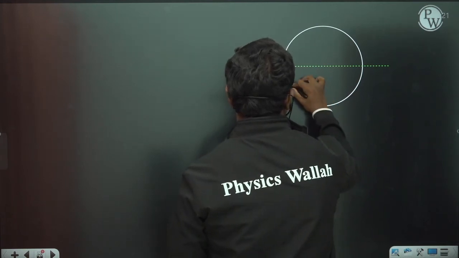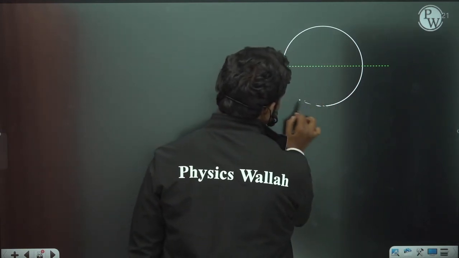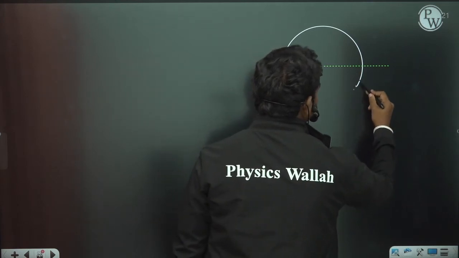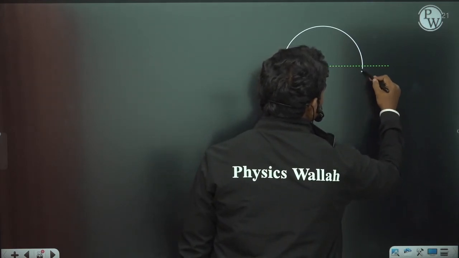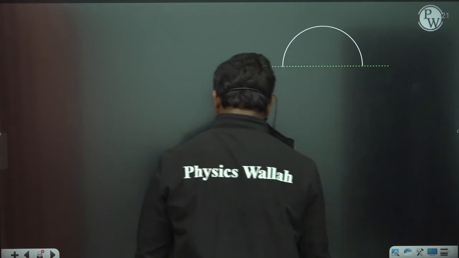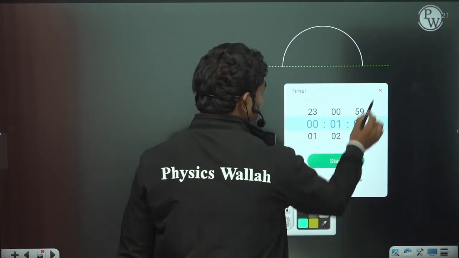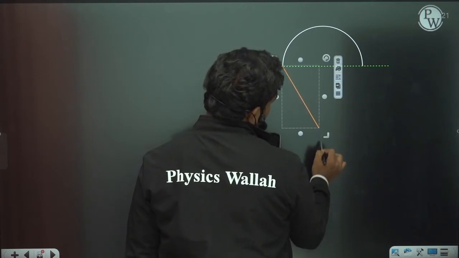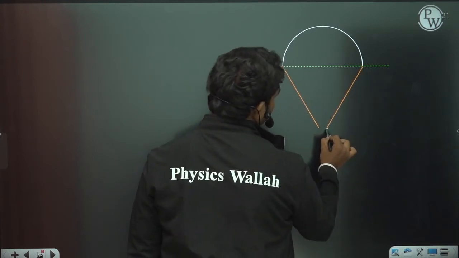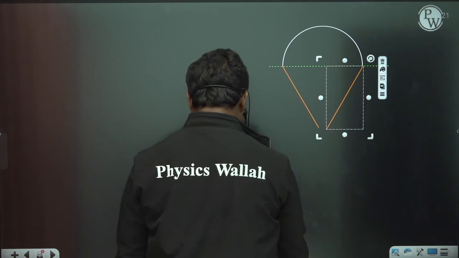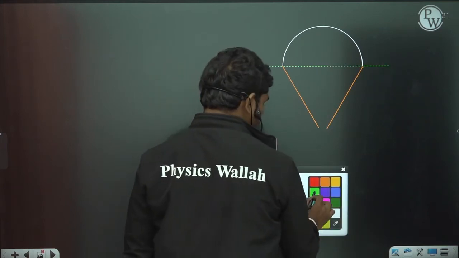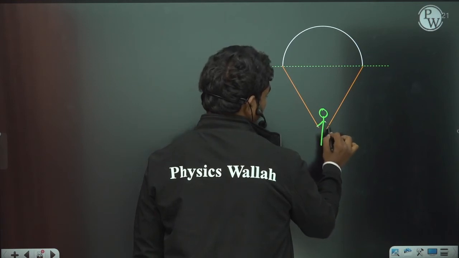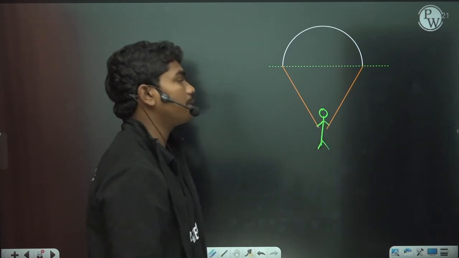To this hemispherical parachute, we have suspended a person like this. So there is a person who is coming down with this parachute.